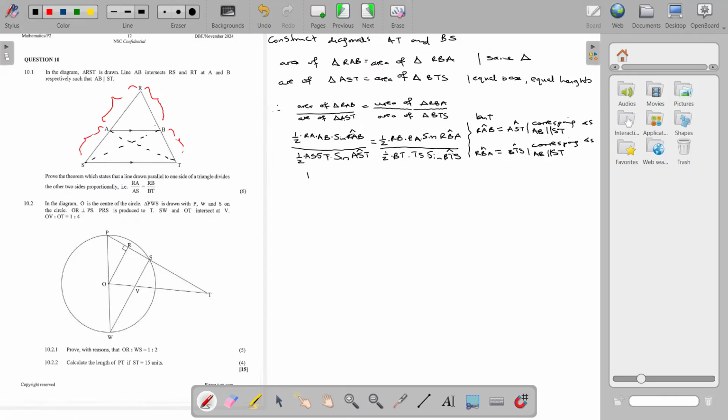So we'll be left with RA times AB all over AS times ST, which is equal to RB times BA.